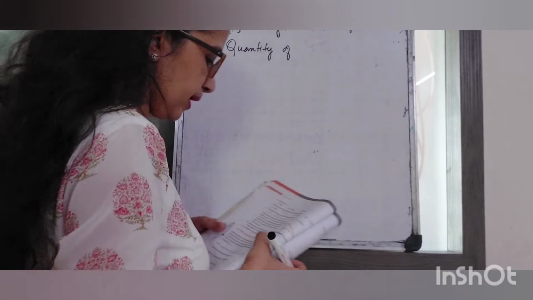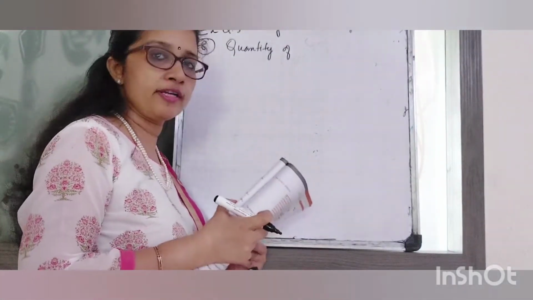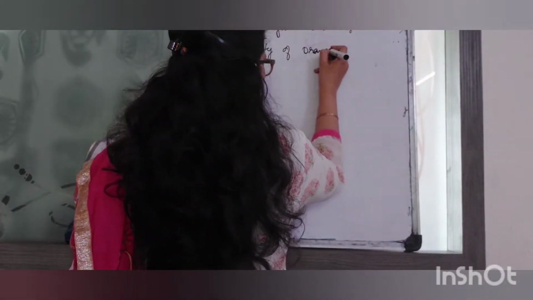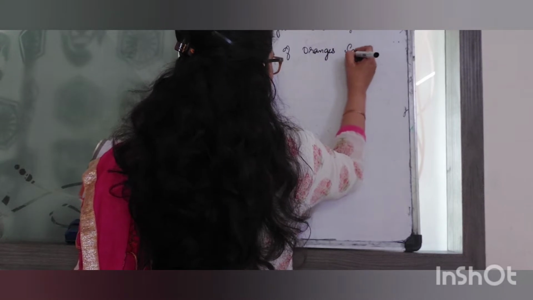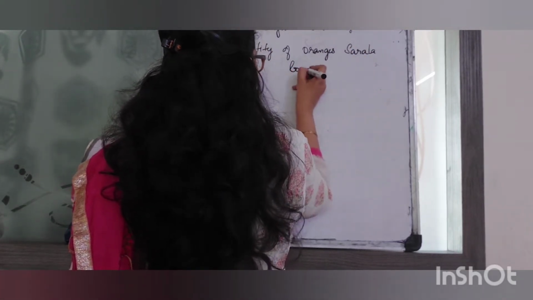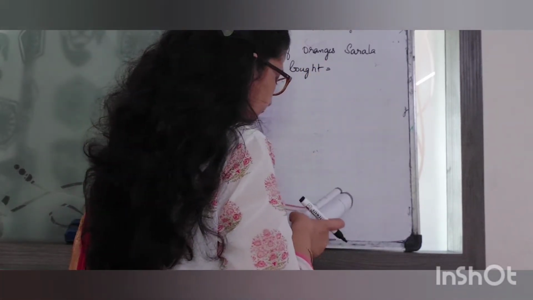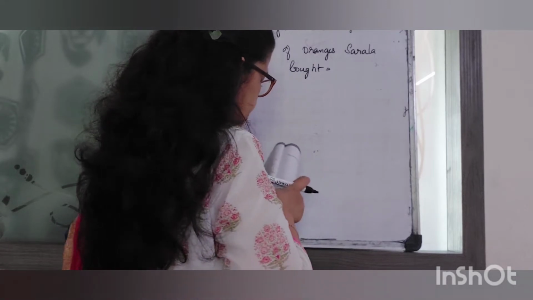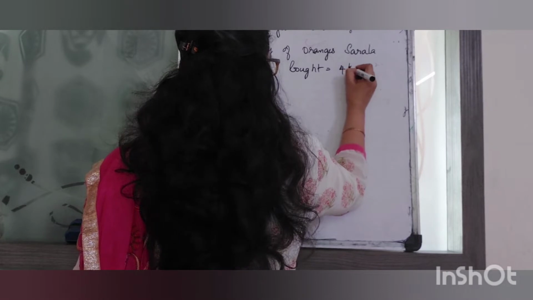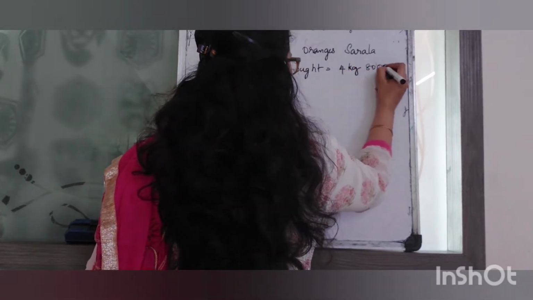Sarala, how much did she buy? Sarala bought 4 kg 800 grams of oranges. So the quantity of oranges Sarala bought is equal to 4 kilogram 800 grams.